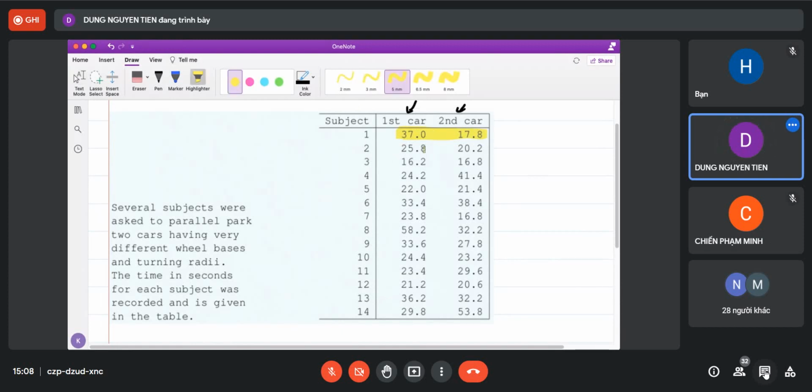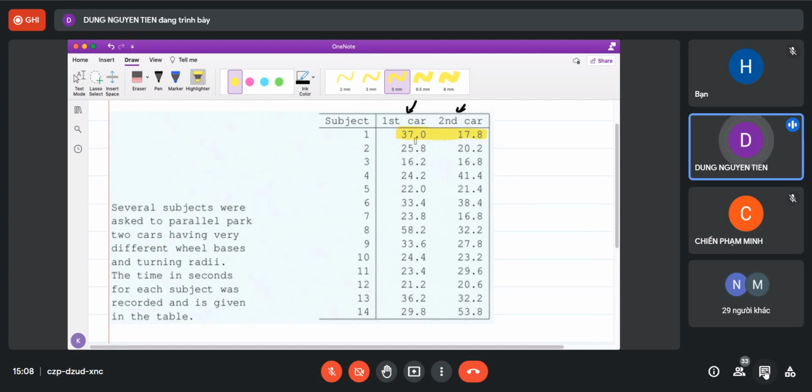So if the time one person needs to park the first car is high, then it is likely that the time the person needs to park the second car is also high, right? Or vice versa. There is no guarantee that it must be high, but it is likely that it will be high.